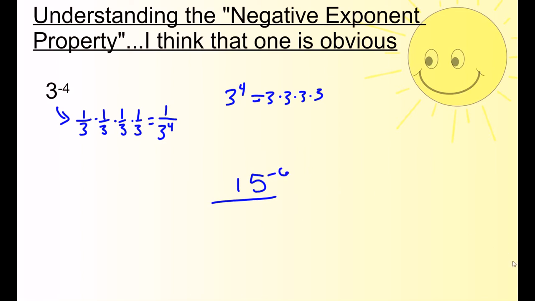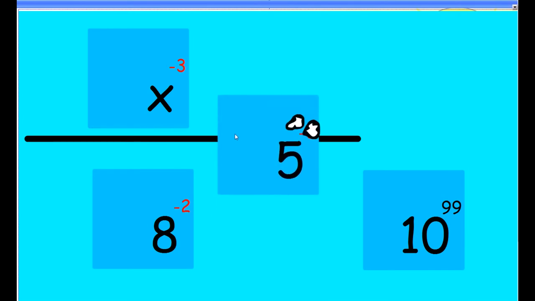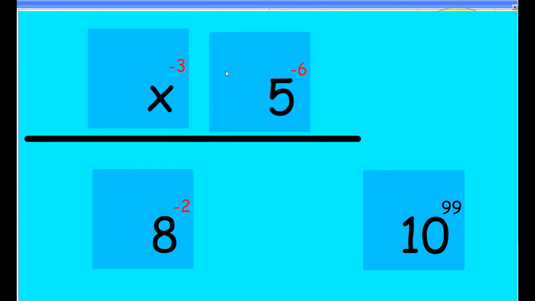Let me show you something else I made a few years back. So here I have a little flash activity I made just to show this procedure. As I take this 5 to the 6th power, now it's positive 6, and it's on the bottom of the fraction, so think of this as a fraction bar. As I take this piece and I move it to the top, the exponent changed from positive to negative.